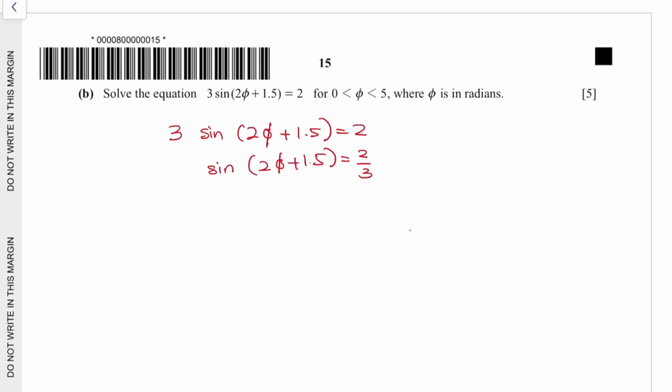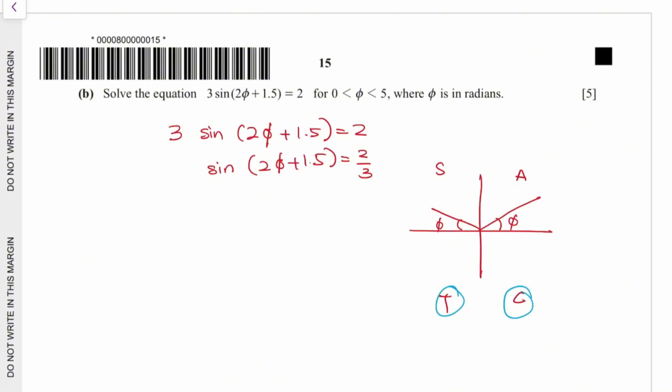Now, positive sine is located in the first and the second quadrant, isn't it? The third and fourth is only for tangent and cosecant. Means that you are expecting this angle to be located, phi is here or phi is here, right? In which it must be from 0 to 5 radians.